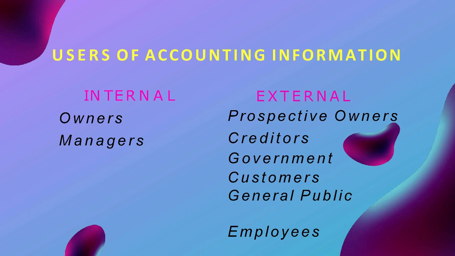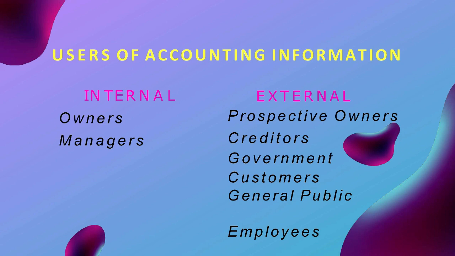Owners and managers are internal users of accounting information because they are the owners and managers and their people inside the company. So they are the decision makers who are very much related to the operations of the entity.